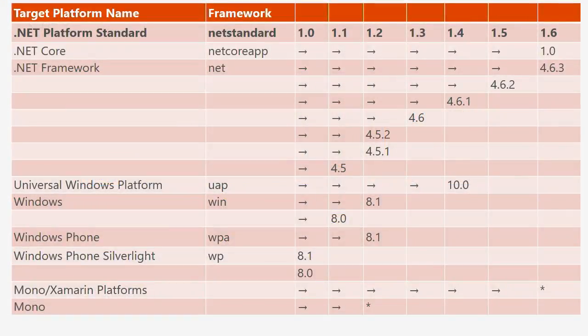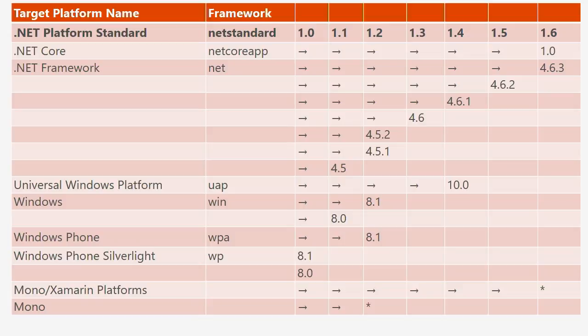So this table can give you an idea. While I leave this table back here, I'll tell you about .NET Standard. The .NET Standard is a collection of APIs. Every version is a collection of a certain version of certain APIs. And you can think about it as a framework you can target, even if it's not a real framework.